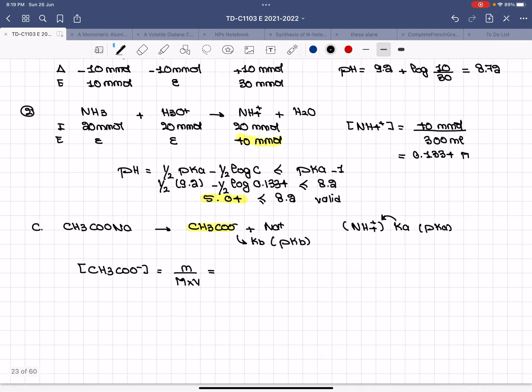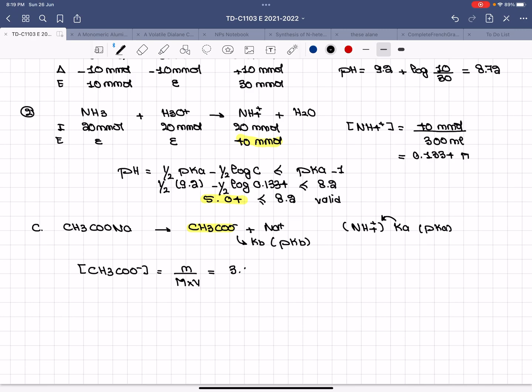So 3.28 divided by the molar mass, which is 82, times 300. You have to change to liters, okay? Because this is grams, gram per mole, and liters. You need mole per liter. You get a value approximately equal to 0.1334 mole per liter.